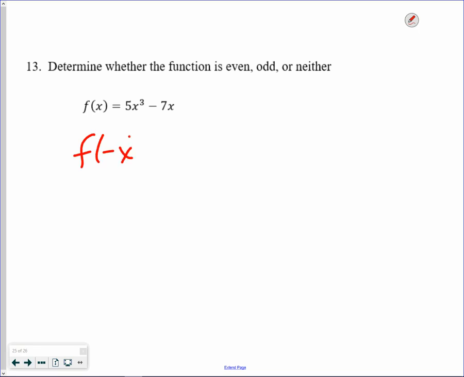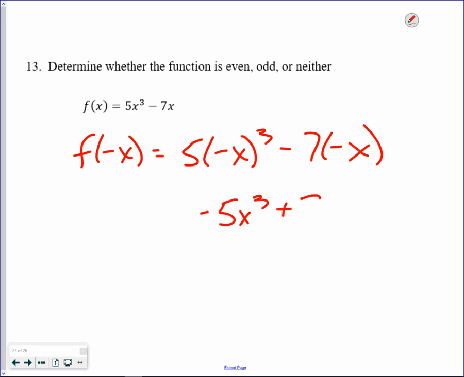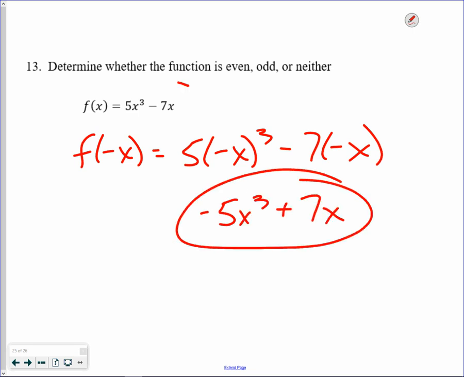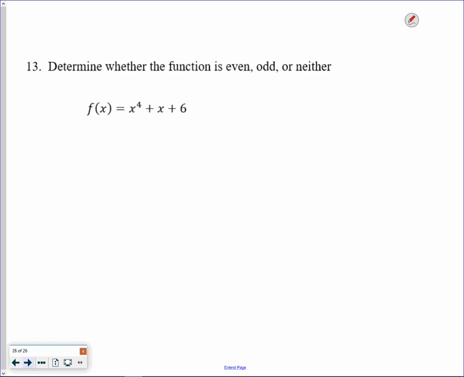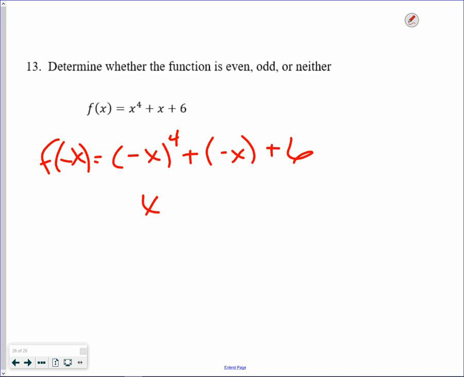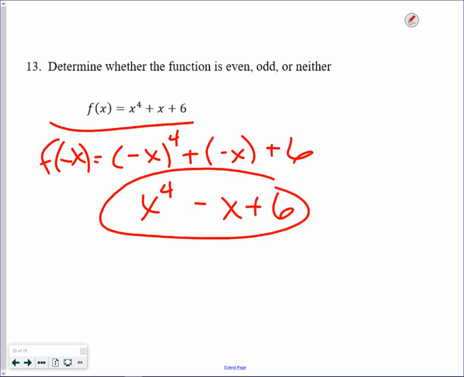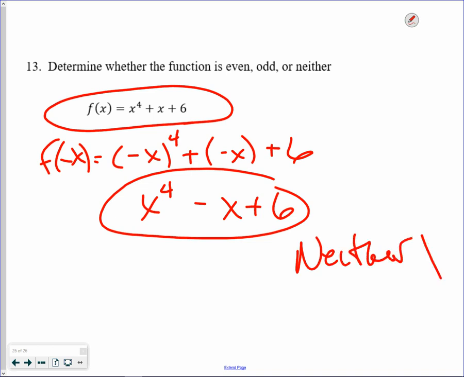So now if I plug in negative x and all the signs change, here's the new function, here's the original function, that is considered odd. And the last one then, if I plug in negative x for all the x's, this one would be positive, that would be negative, and that one would stay the same. If some of the signs changed and some didn't, you would write neither.